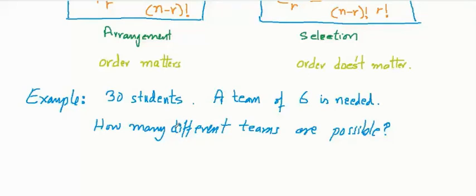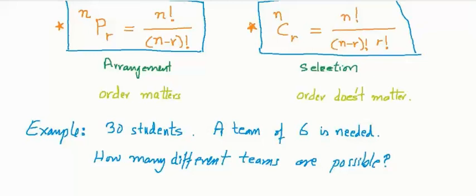Because if students number 1, 2, 3, 4 and 5 are selected, then whether we select 5, 3, 4, 2, 1 or 1, 2, 3, 4, 5 or 3, 1, 2, 4, 5, in all three selections we have the same students. It will be considered one selection. So here order doesn't matter, it is actually selection, so we'll use NCR here, not NPR.